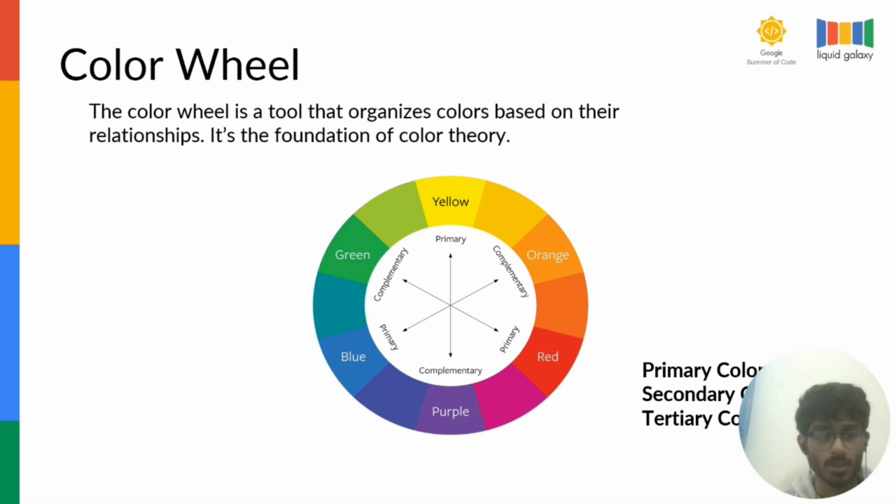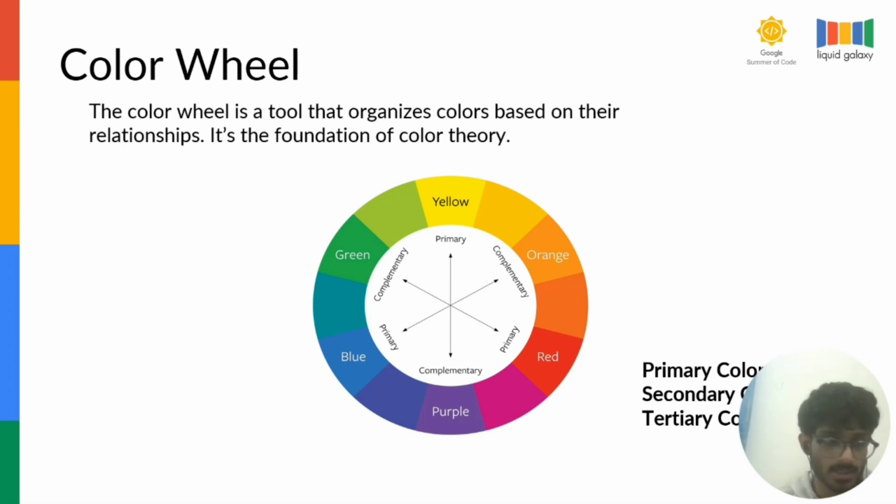Second example, yellow plus blue is green. Tertiary colors are formed by mixing primary and secondary colors. For example, you can take yellow plus orange. Here, yellow is primary and orange is secondary. At last, primary colors cannot be created by mixing other colors. So you need to know that.